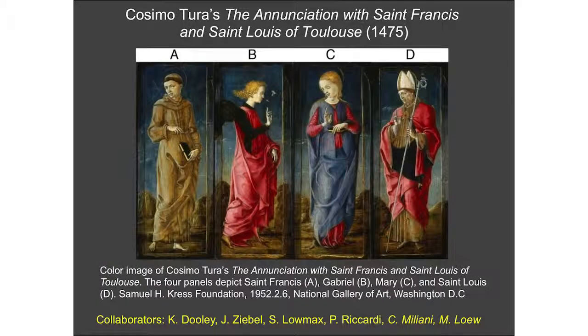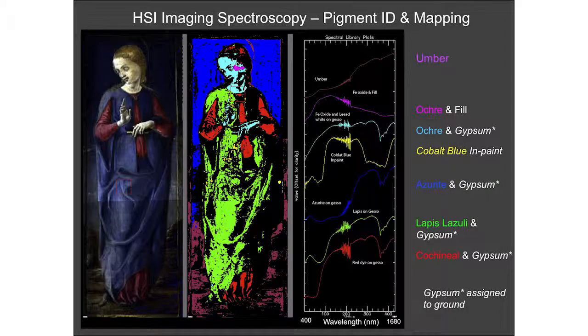So I'll show you some examples here of what we were able to pull out of an early Renaissance painting here by Cosimo Tura. These are 4 panel pieces, and we're going to look at just a couple of them. This is the end result of taking spectral data from 400 to 1700 nanometers and then doing some processing on it to pull out a basis set of spectra which describe the painting. They're shown here. And then from that we can query the cube and make a map of where they're coming from.